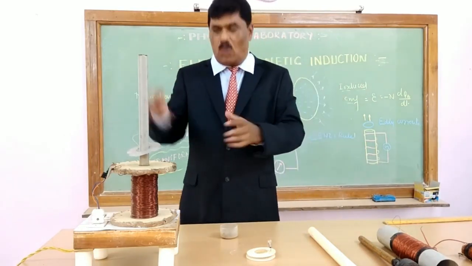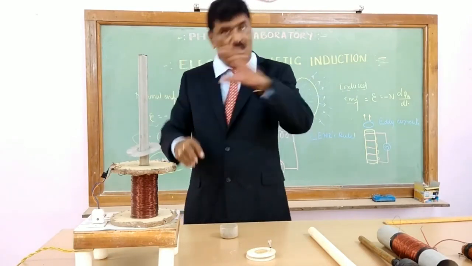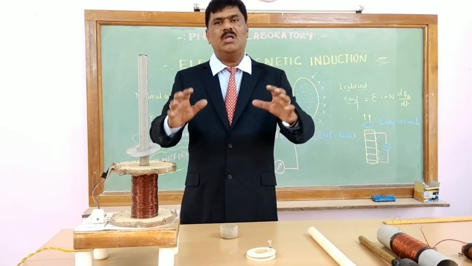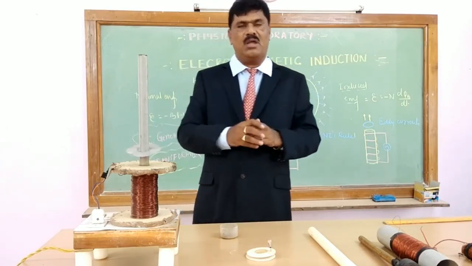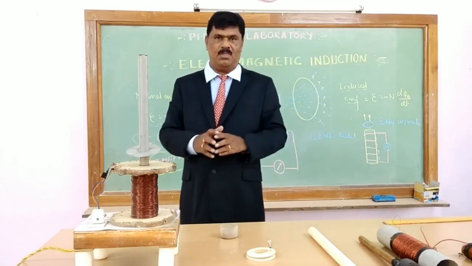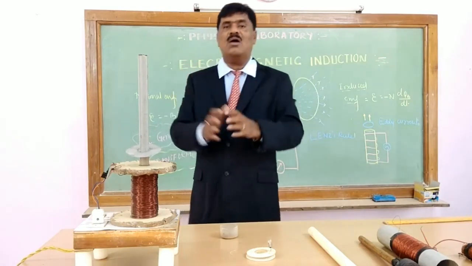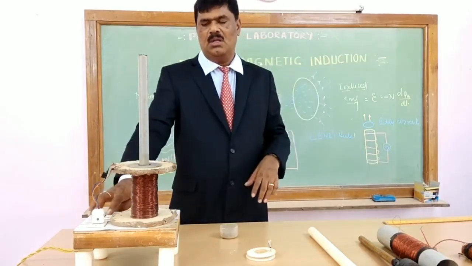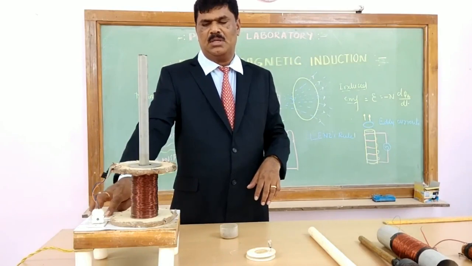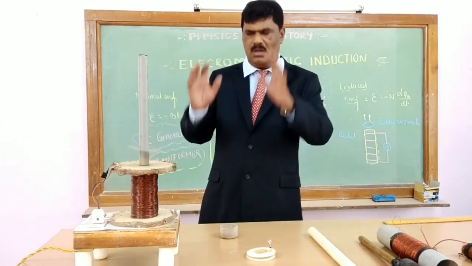So the eddy currents formed here can be used to heat up materials. This is the simple working principle of an induction stove. So ultimately the induction stove has eddy currents as its working principle, friends. So beautiful it is. So nice. It's all because of the eddy currents.